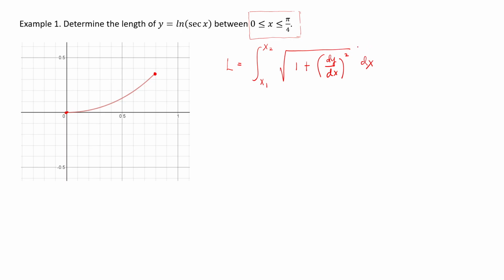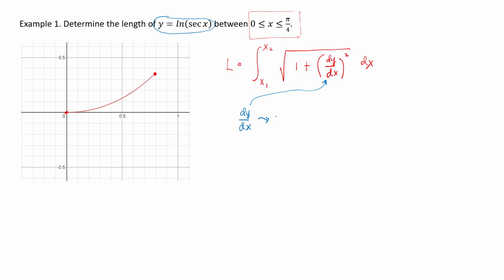So that will be our formula. How do you use the formula? We're going to evaluate this first. So you're going to have dy over dx, meaning you're going to get the derivative of this function with respect to x.